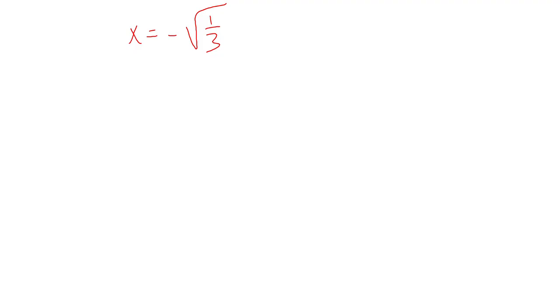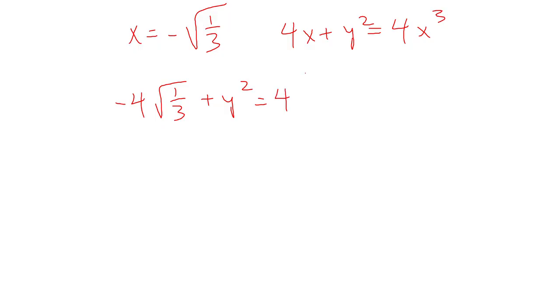Again, into our original equation of 4x plus y squared equals 4x cubed, giving us, when we plug that in, a negative 4 root 1/3 plus our y squared equals 4 times a negative root 1/3 being cubed.